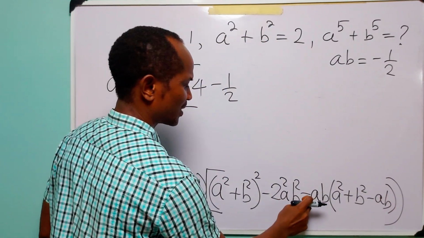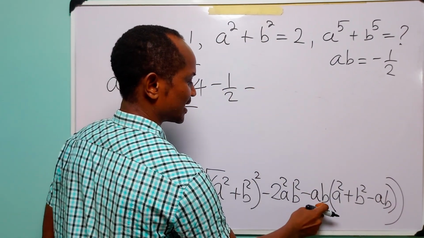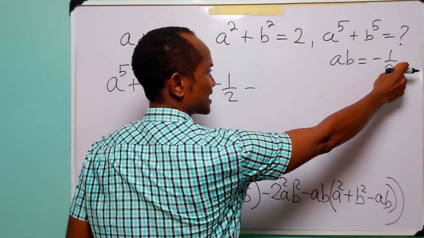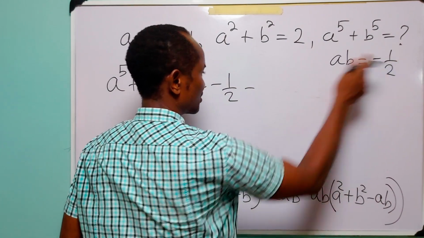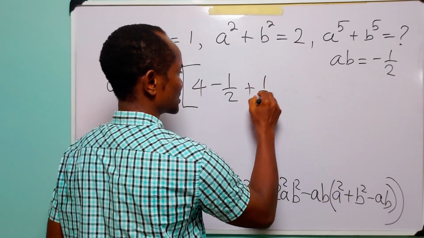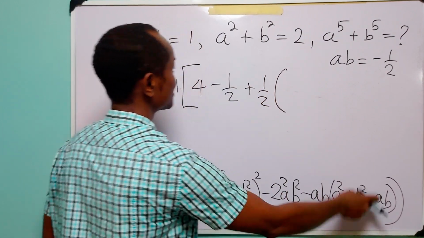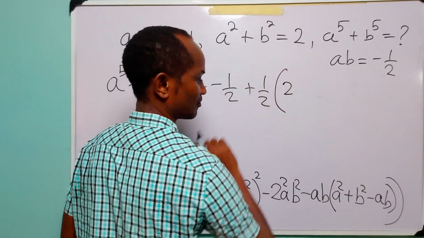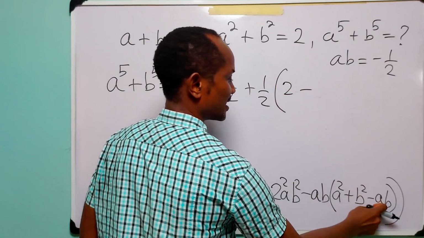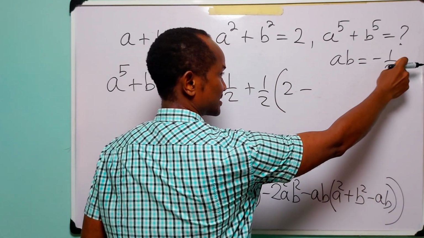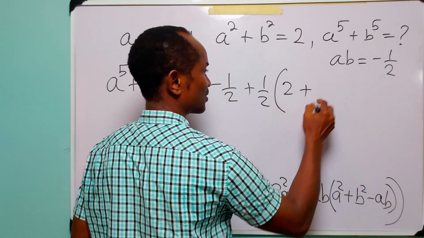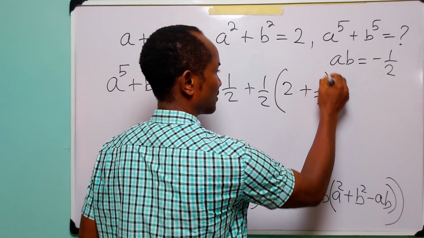Now here we have minus ab. But remember that ab is already negative. So this is going to be plus half into, now a squared plus b squared is 2, minus a times b is minus half. So this also is going to be plus.